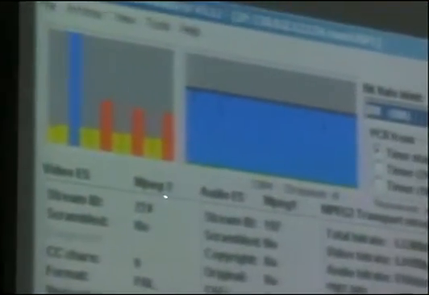You have information about each elementary stream, the video elementary stream, the audio elementary stream, the MPEG-2 transport stream, PCR rates, PSI rates, and so on. We can spend one day only on software like that.